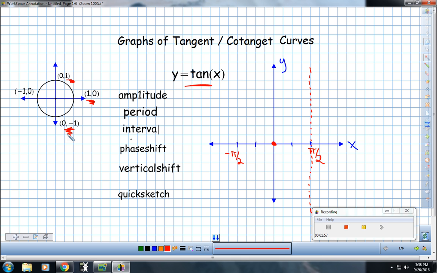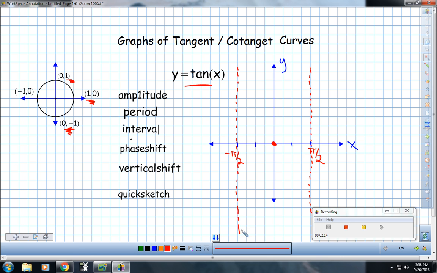And again, 0 is under, so it's undefined. At negative pi over 2, we also have an asymptote. So we've got a point at the origin and we have two asymptotes. Let's investigate what's going on between those values.